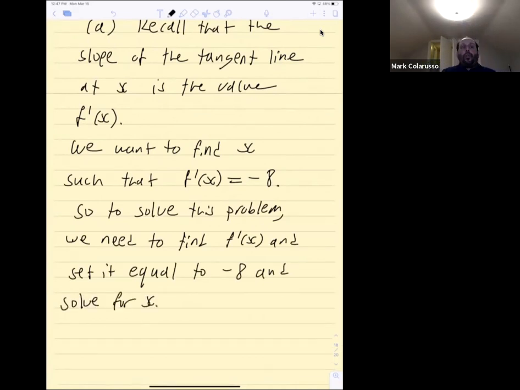And if you think about it, what we've been doing when finding minima and maxima, the first step is to find where the tangent lines are flat. If you have a min or a max, the tangent line is flat there. So we set f prime x equal to 0, which means the tangent line has 0 slope at those points, and then we solved for x. So this is a different take on that. You're setting it equal to -8 and so on.